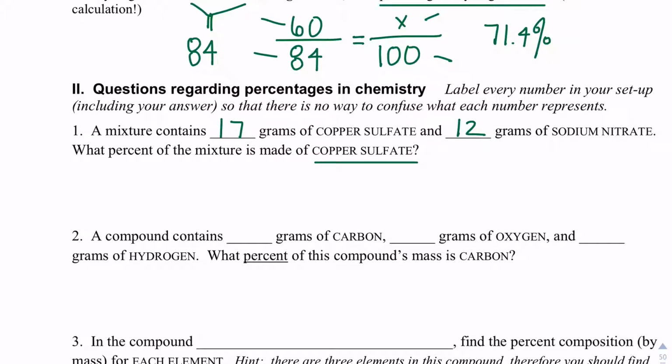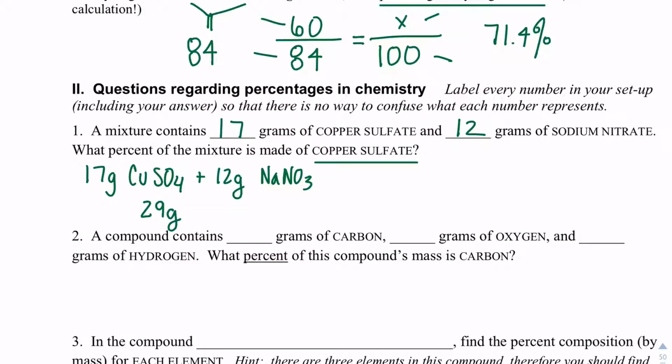So we have 17 grams of copper sulfate and 12 grams of sodium nitrate. We need to know what the total amount that we have, so we add those two together. Be like if you put this mixture on the scale, how much would it weigh all combined? It would weigh 29 grams.